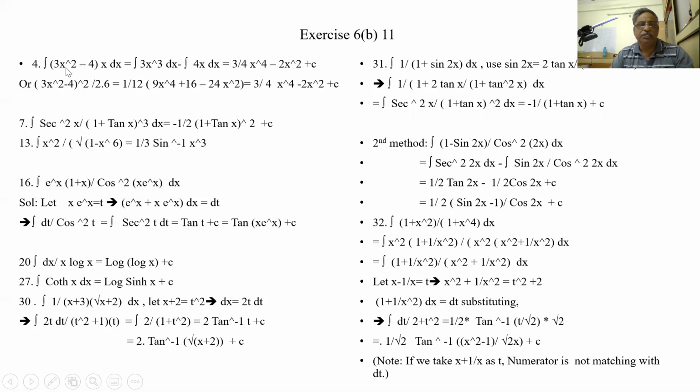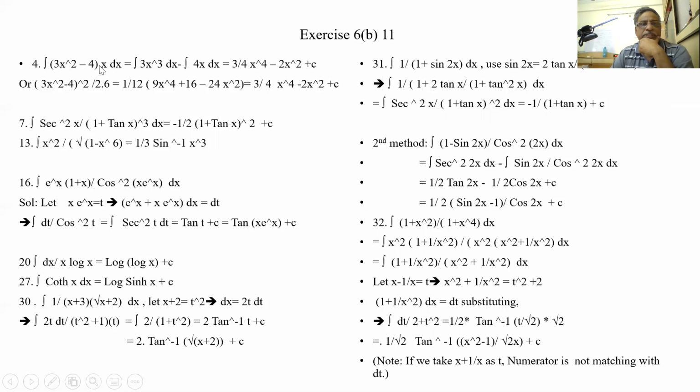You know, 3x square, when I differentiate it, I am getting 6x. So I am having x here. So I can use 3x square minus 4 whole square by 2, and this is 6x.